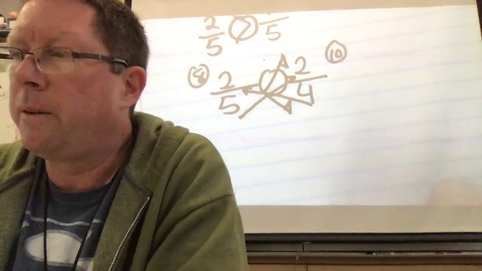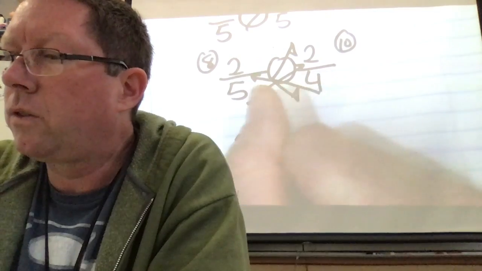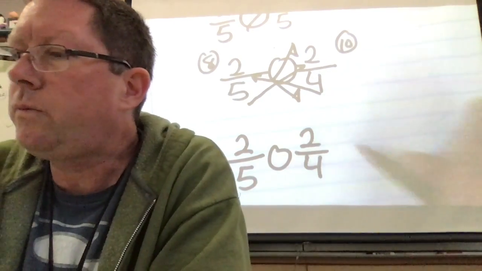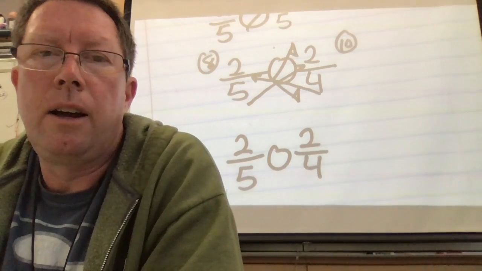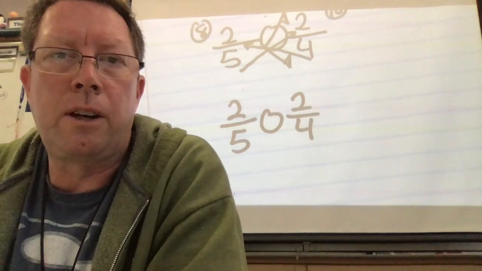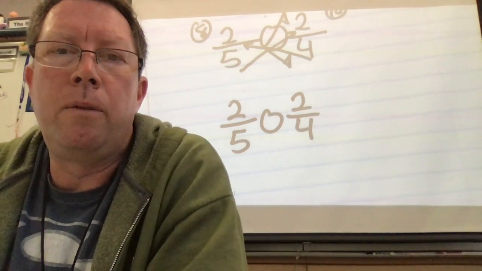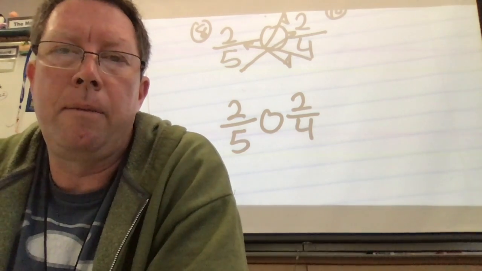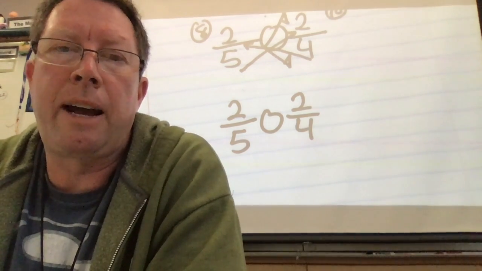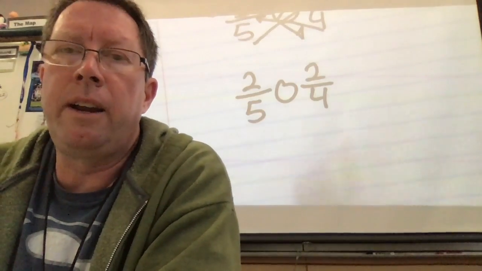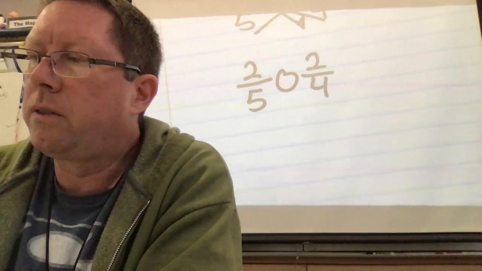There is another way though. So if I have my 2/5 versus 2/4, and I couldn't think it out logically and I didn't want to cross multiply, the other way to do it is to simply get those fractions to look the same and start comparing apples to apples, not 5s to 4s. And the way to do that is to look at the denominators.